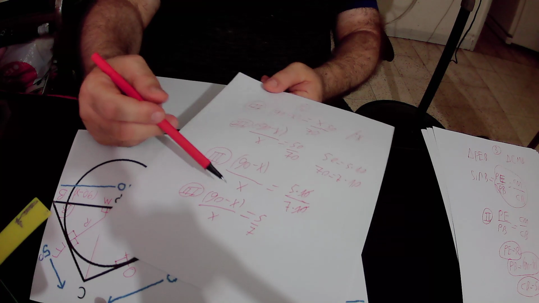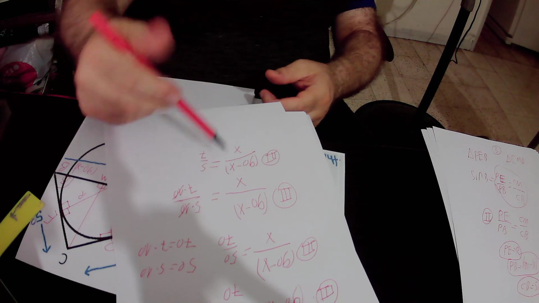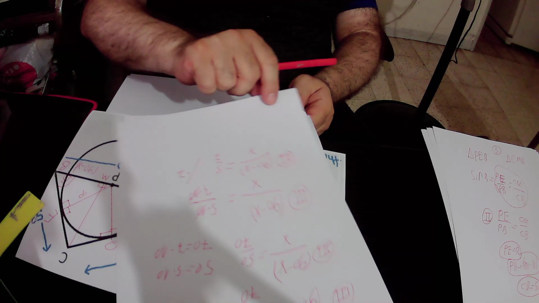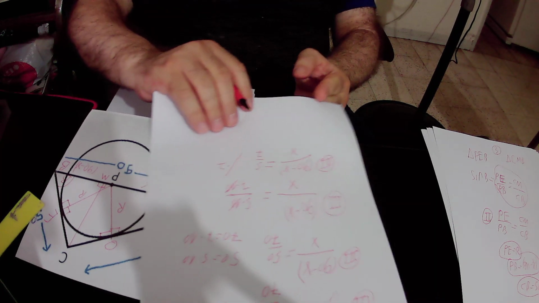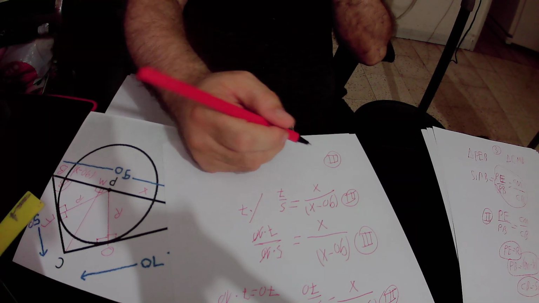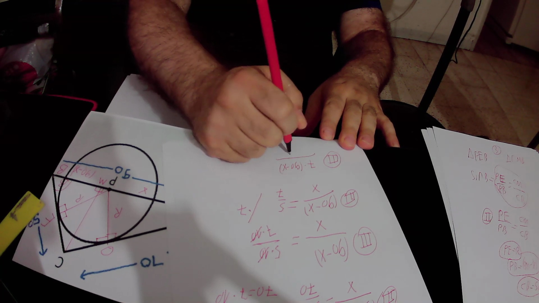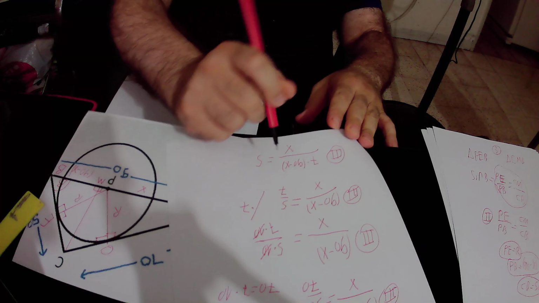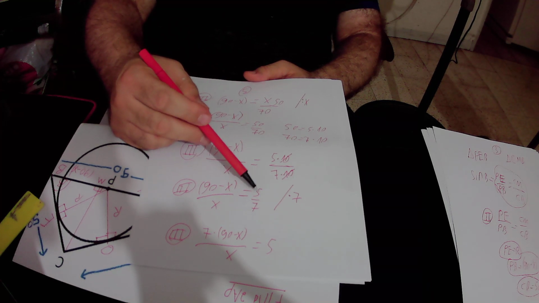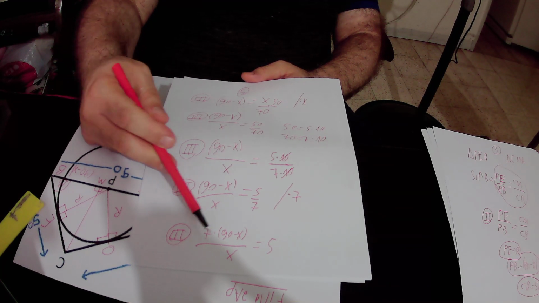Now we will multiply both sides of the equation by 7. 5 divided by 7 times 7 equals 5, and (90 − 6) over x times 7 equals 7 times (90 − 6) over x.